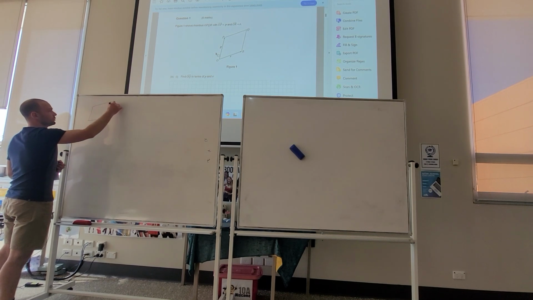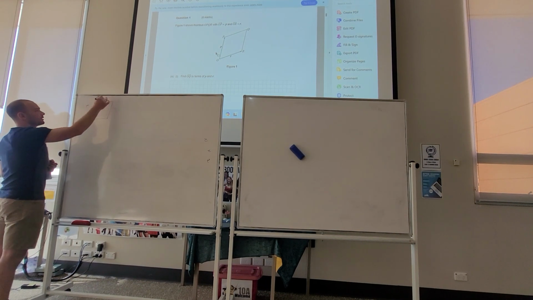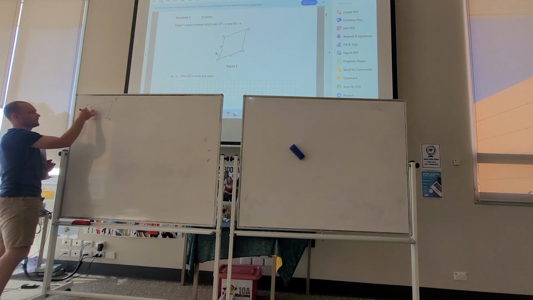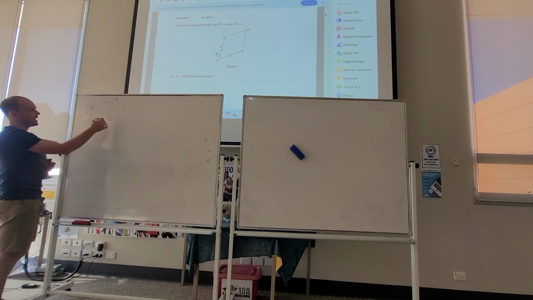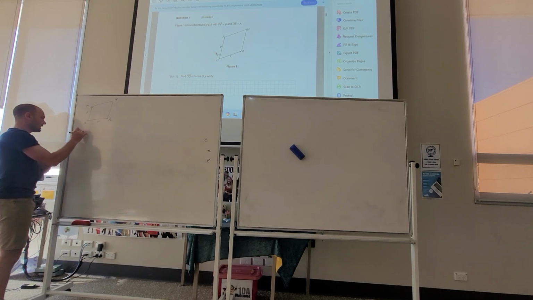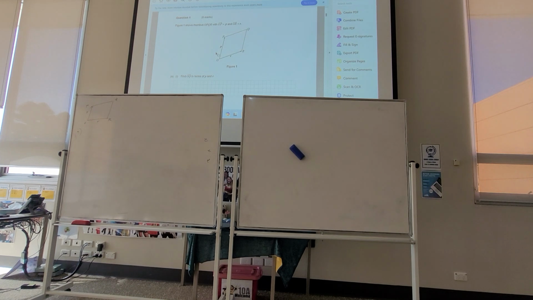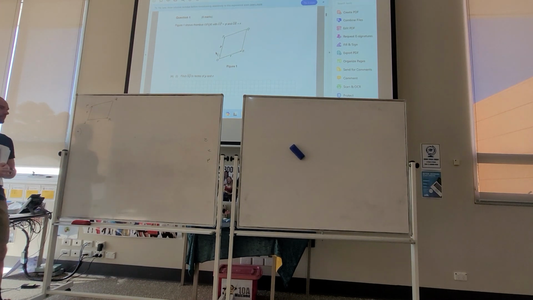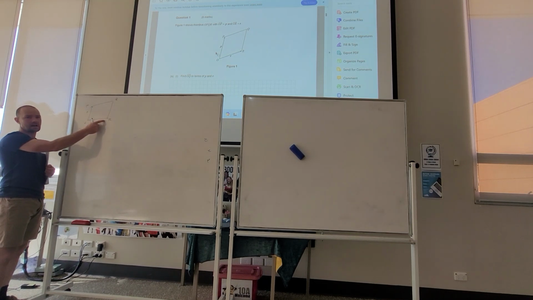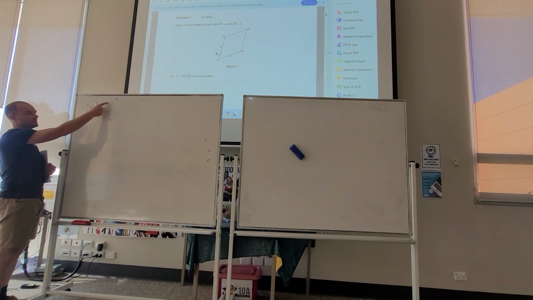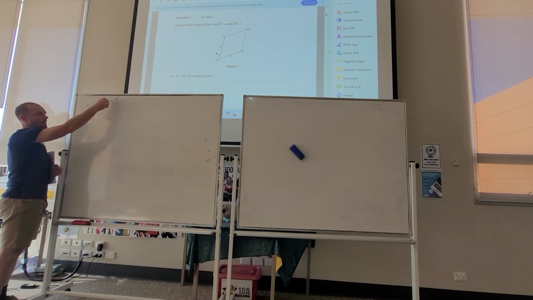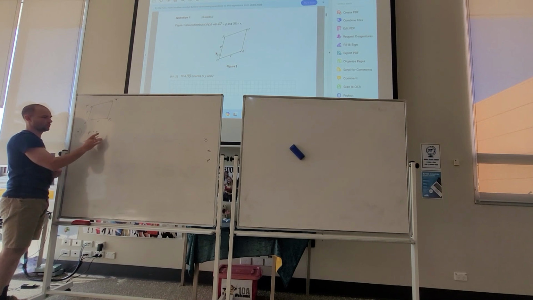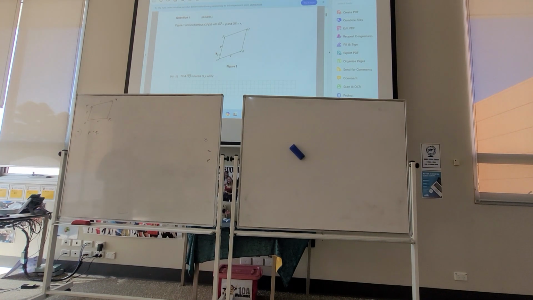We have O, P, Q, and R. The vector from O to P is defined as P, and the vector from O to R is defined as R. Part A1, find OQ, the vector from O to Q in terms of P and R. Well, if this is vector R and it's a rhombus, it means vector PQ is also vector R, right? And so then the vector from O to Q is just going to be P plus Q. So 1 mark for writing that in there.